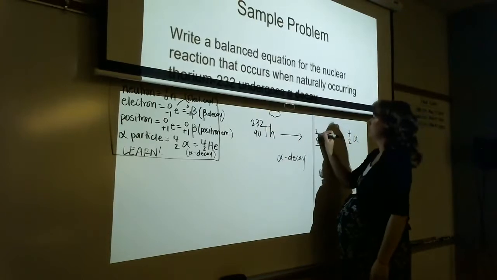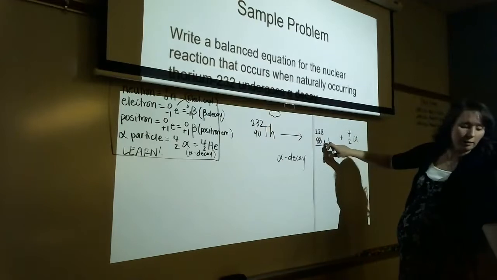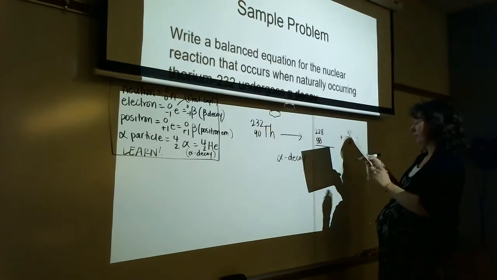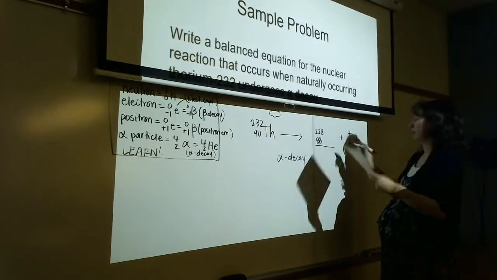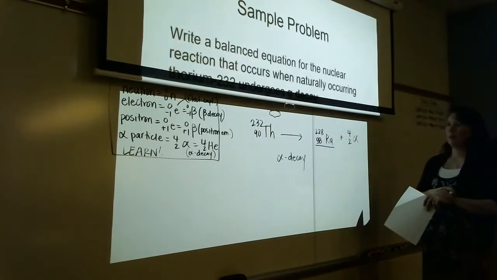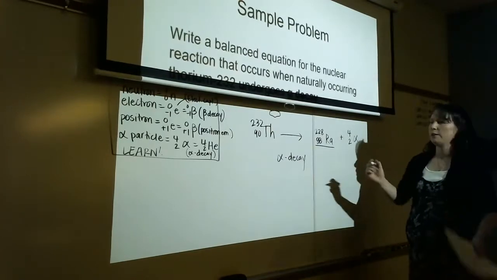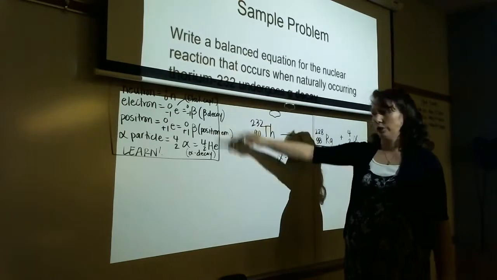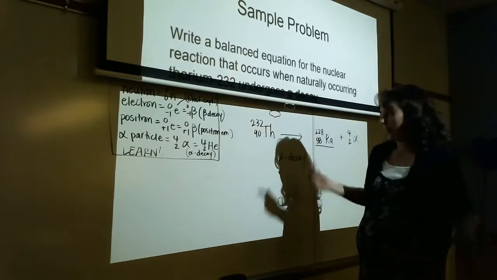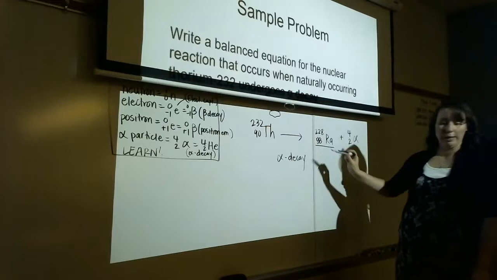So that's 228. And now I just need to look up what element number 88 is. Element number 88 is radium. Makes sense, right? Obeying the law of conservation of mass. This is what I'm saying, you have to learn these guys, okay? Because otherwise you won't know what goes here to be able to fill in the blank here.